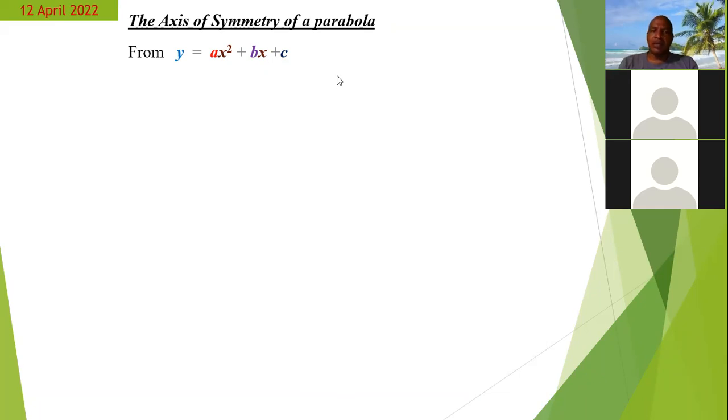Now, what do we know about quadratic equations? Is that they will always give you a parabola, either looking like a mountain or one that is looking like a valley. Now, because this is the property of the curve, there are certain things that we can learn about the curve. And one of the things that we're going to be looking at now is the axis of symmetry.